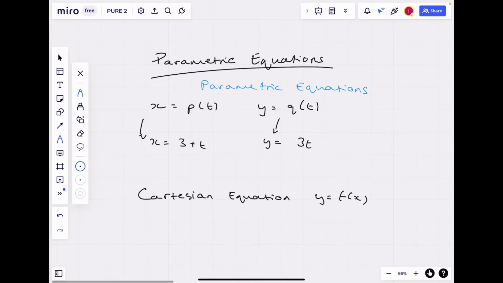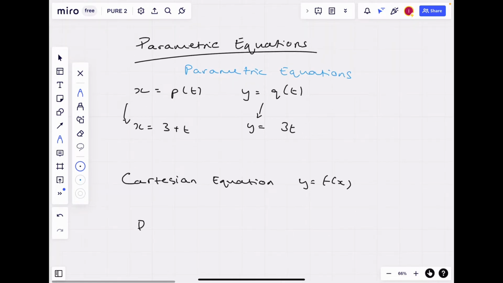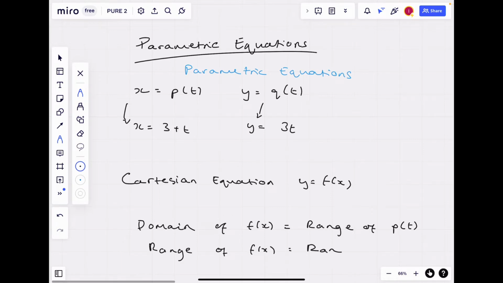The domain of f(x) is the same as the range of p(t), and the range of f(x) is the range of q(t).